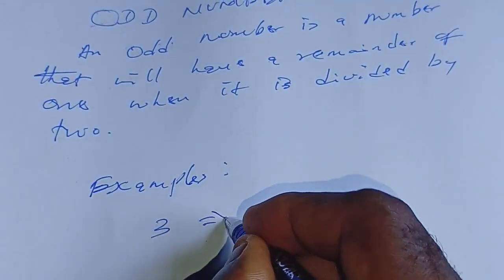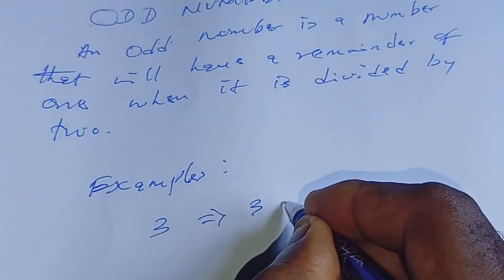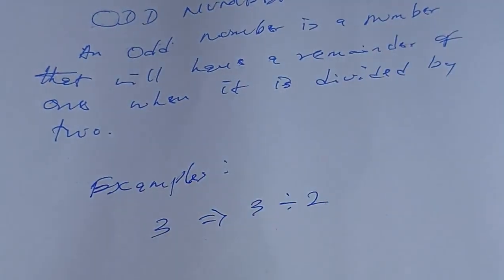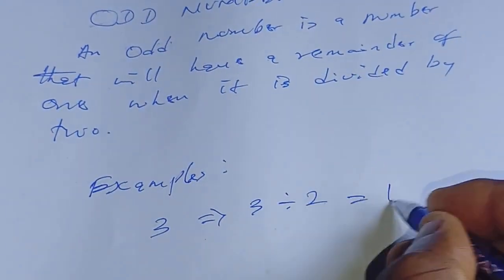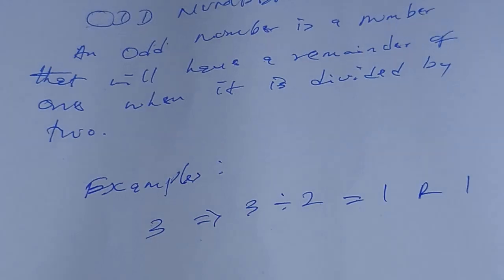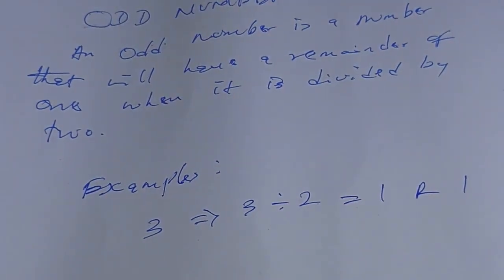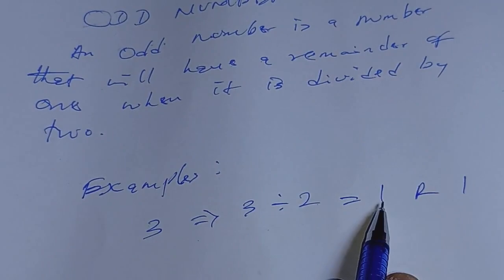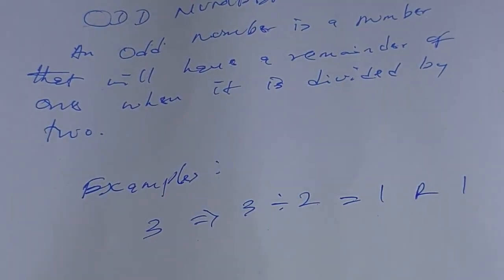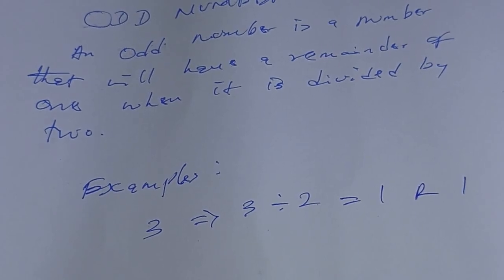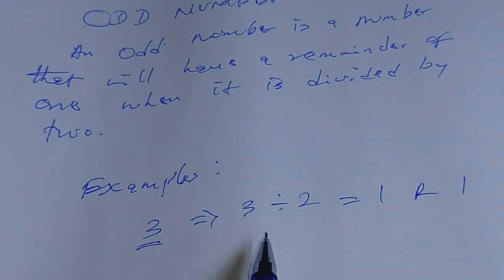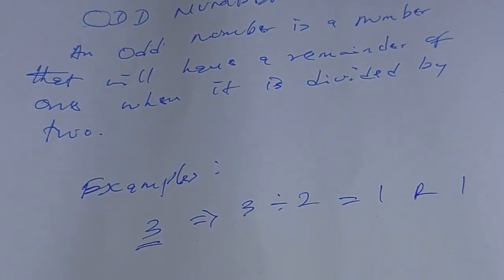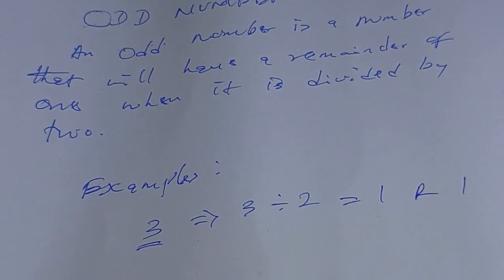That's because if you use 2 to divide 3, what you have is 1 and then remainder 1. There's only one 2 in 3 and we'll have a remainder of 1. That's why 3 is an odd number, because when 2 divides it, it ends in a remainder of 1.